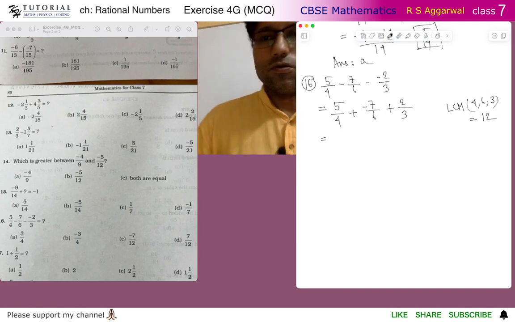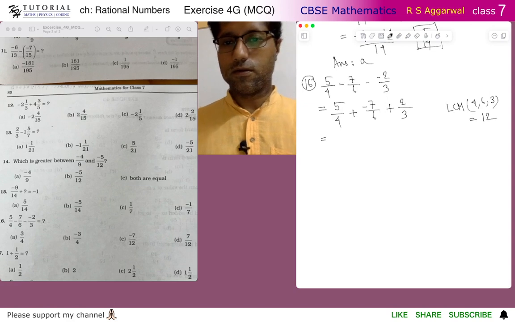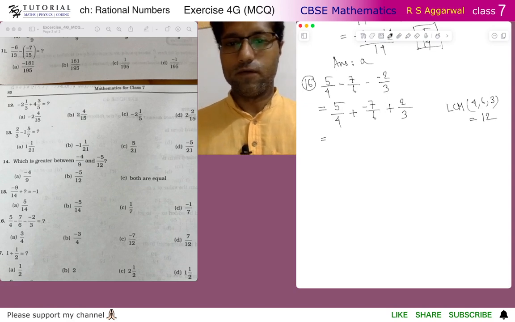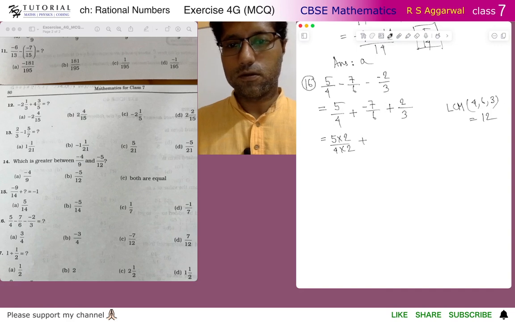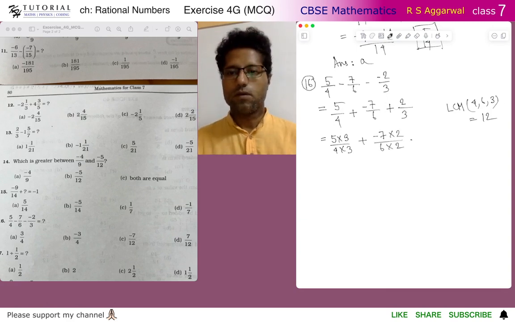Okay, so after converting all the rational numbers to have a denominator of 12, it will be 5 into 3 divided by 4 into 3, plus minus 7 into 2 divided by 6 into 2, plus 2 into 4 divided by 3 into 4.